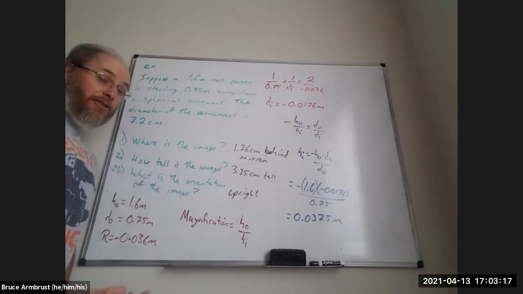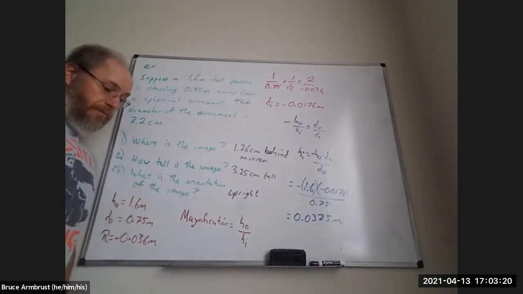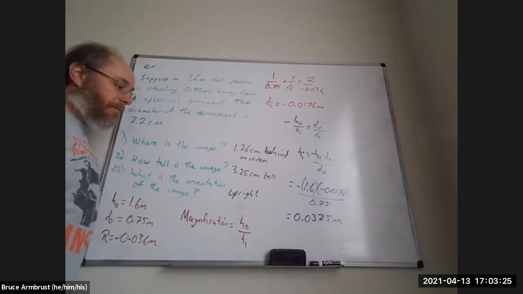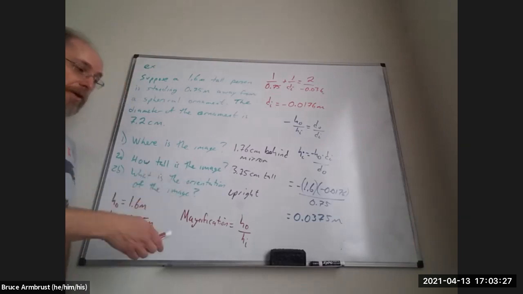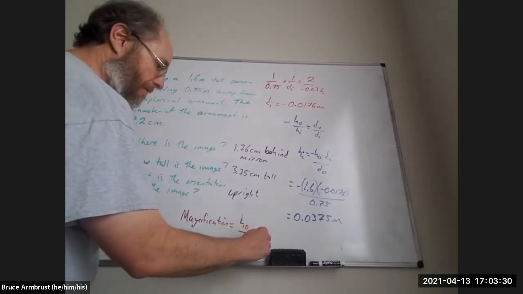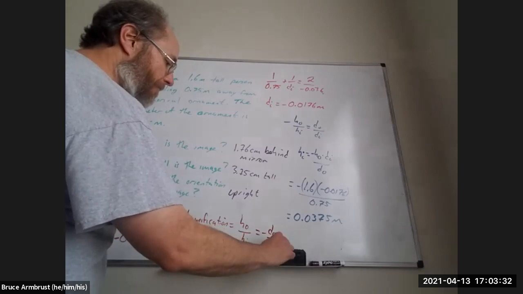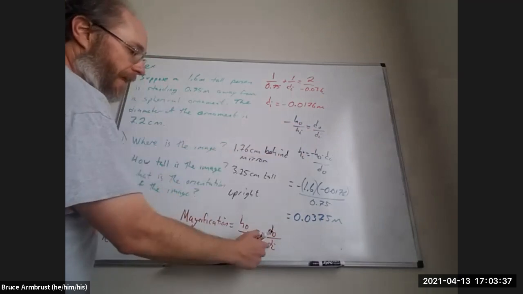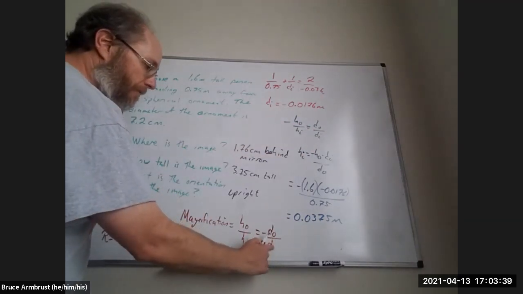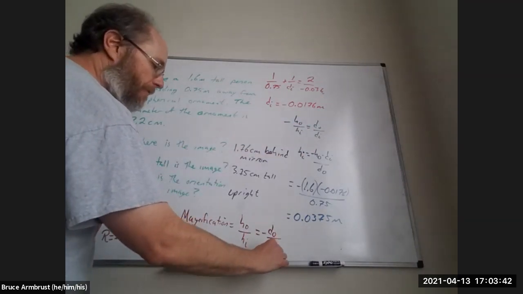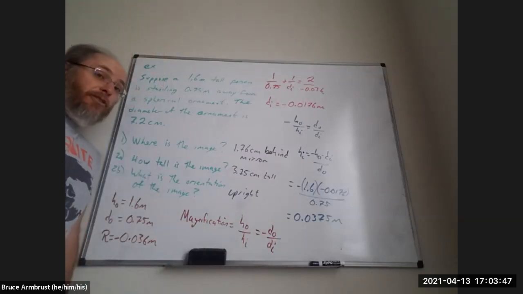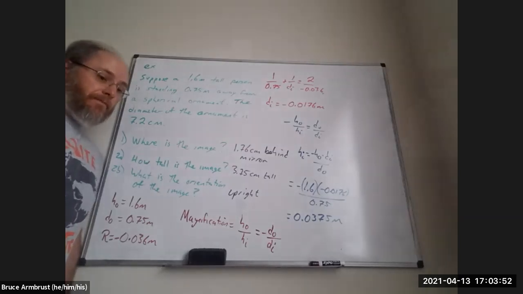But that's enough actually to solve these things and figure out what you need. Because remember also from that formula, if I solve it for the HO over HI, it's negative DO over DI. So if you know what the magnification is, you can actually use that to find your image location given your object location, and so on.